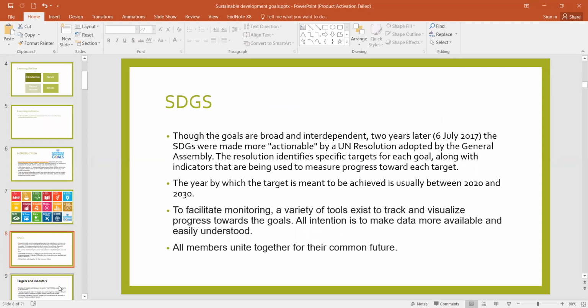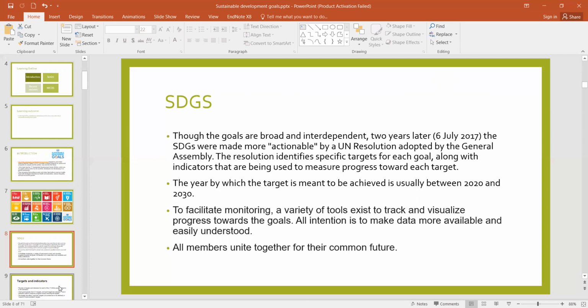Though the goals are broad and interdependent, 2 years later, the SDGs were made more actionable by a United Nations resolution adopted by the General Assembly. The resolution identifies specific targets for each goal, along with indicators that are being used to measure progress towards each target.